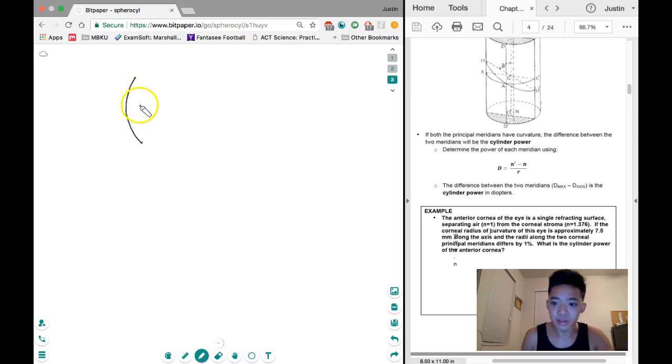So check it out. The anterior cornea of the eye is a single refracting surface separating air from the corneal stroma, so n prime equals 1.376.